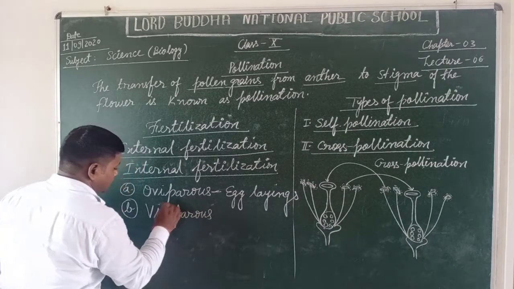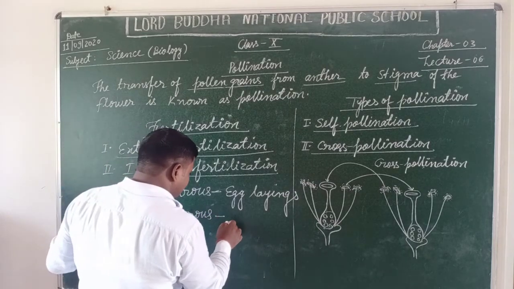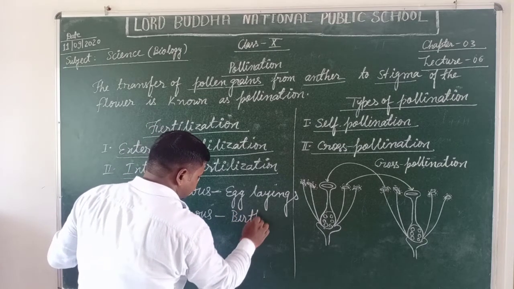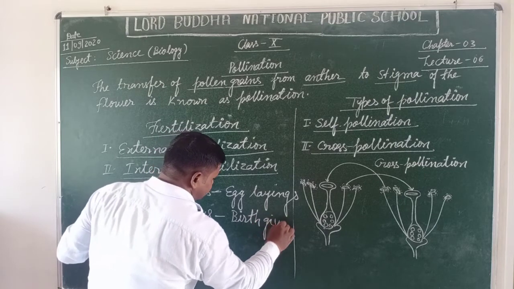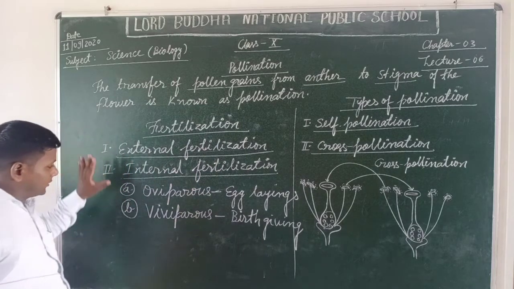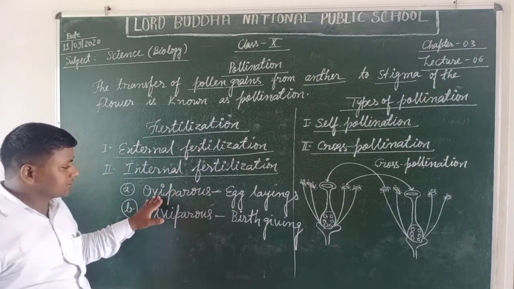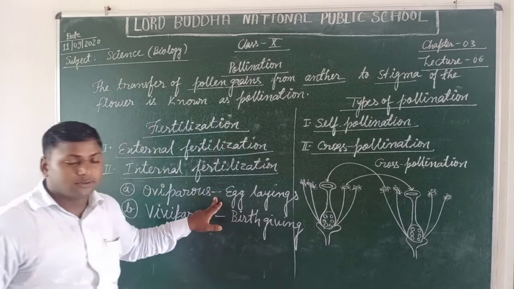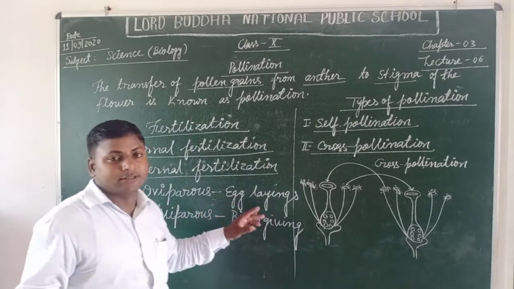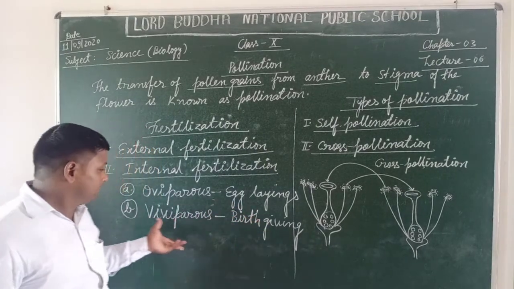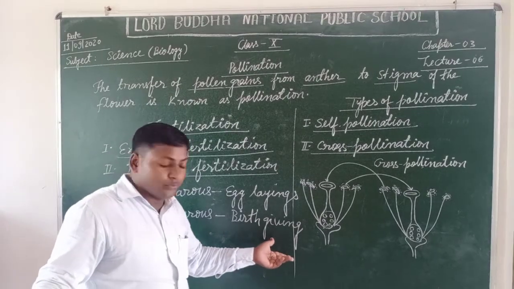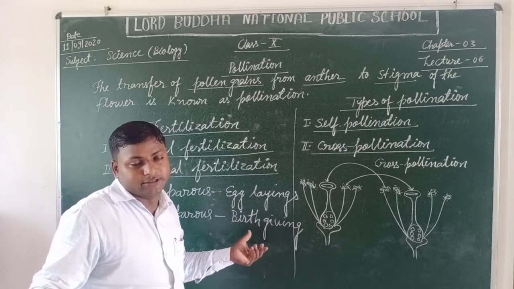Viviparous means the animals which give birth, the birth-giving animals. Thus, students, there are two types of animals. Oviparous, it means the animals that lay eggs, and after laying eggs the individuals get developed. And the next one is viviparous, it means the animals which give birth to individuals.